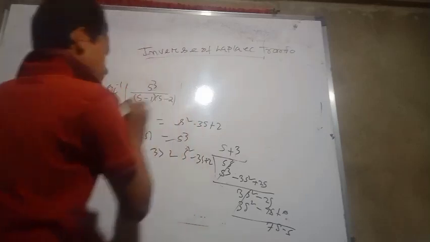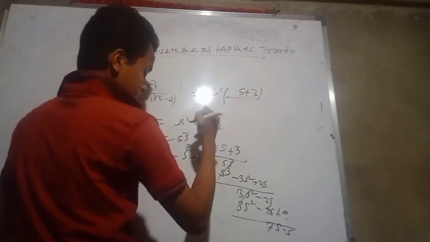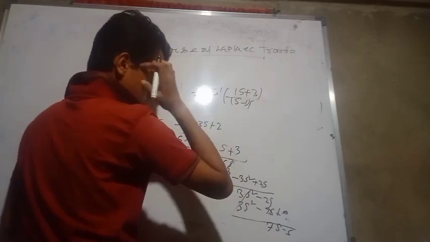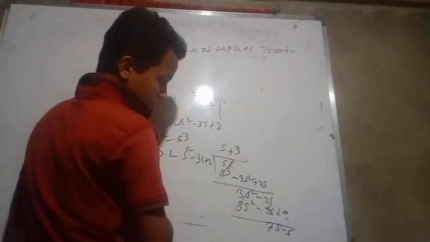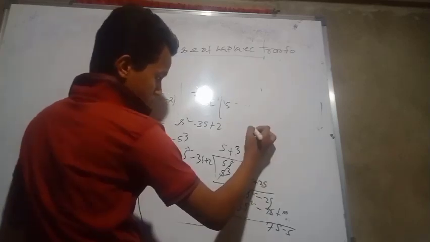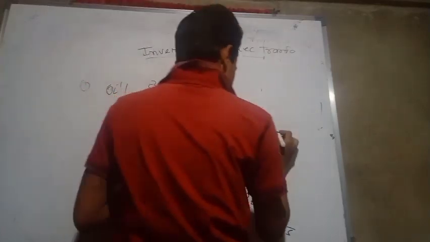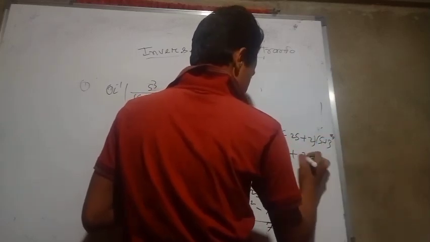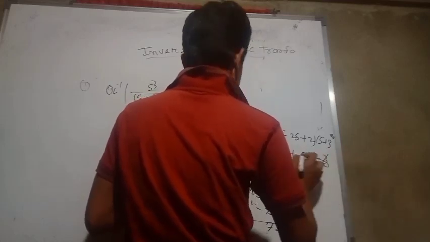Okay. So the given equation will reduce as s plus 3 plus 7s minus 6 upon s minus 1 and s minus 2. Inverse of s cube can be written as s square minus 3s plus 2 into s plus 3, plus 7s minus 6.